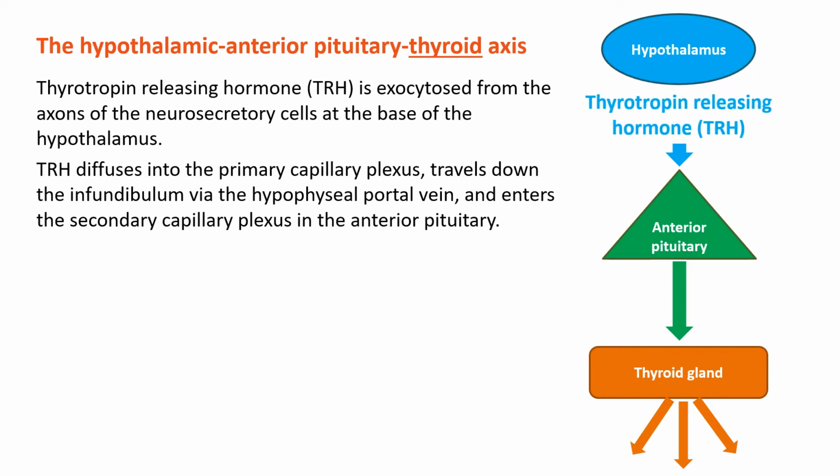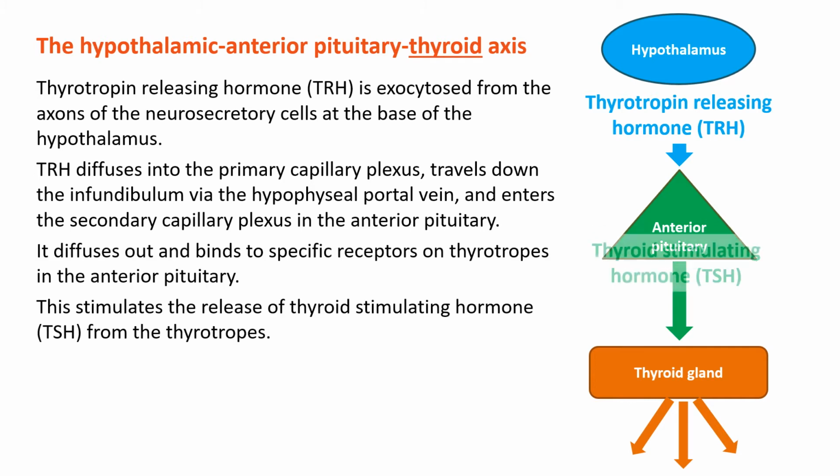If you remember, it then diffuses into the primary capillary plexus, down the infundibulum via the hypophyseal portal vein, into the secondary capillary plexus, which now puts us in the anterior pituitary, and then it diffuses out to bind to those specific receptors for TRH on the thyrotropes in the anterior pituitary. This stimulates the release of thyroid stimulating hormone from the thyrotropes.